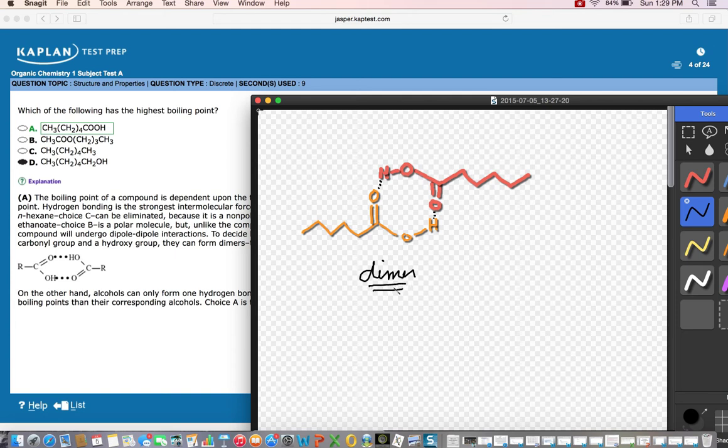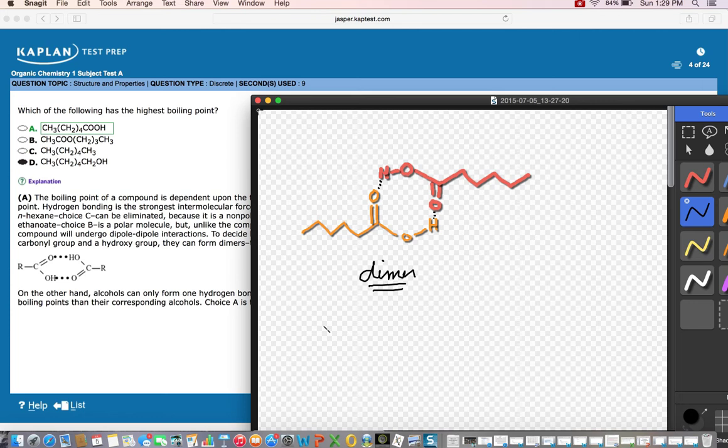So if you ever have a carboxylic acid among the answer choices, I would always gravitate to that. You also want to make sure you're always comparing the same number of carbons so that the molecular weight is about the same. The more electrons you have, the higher the boiling point would be.